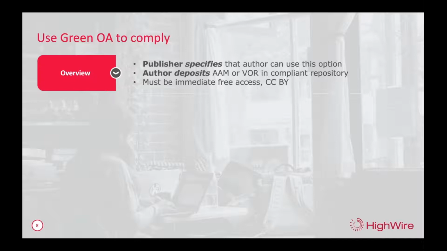The next option changes this, though, and the publisher would specify not only that the author can use this option, but what it is that they can deposit. And unlike normal, if you will, Green OA, there has to be immediate free access, and it looks like it needs to be CC BY.